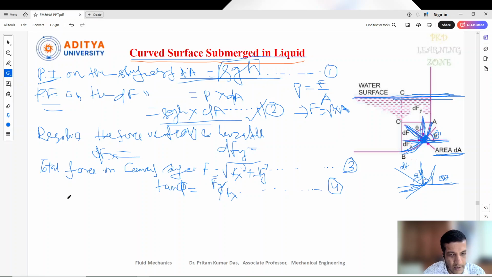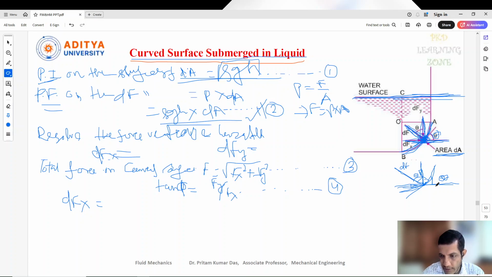Now similarly, first let's find out the dfx value here. So dfx is this one. The df is acting on this object perpendicular to the surface, and that makes an angle theta to the vertical.